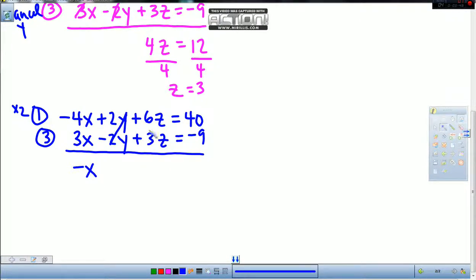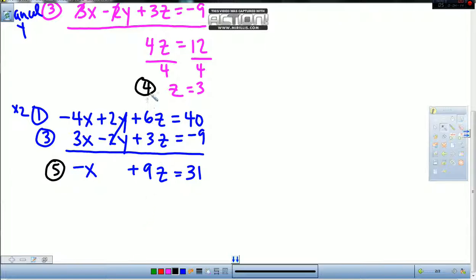My y's will cancel. 6z plus 3z is 9z. And 40 minus 9 is 31. So I ended up with a variable equation up here. That normally would have been my equation number 4, and this here would be my equation number 5.